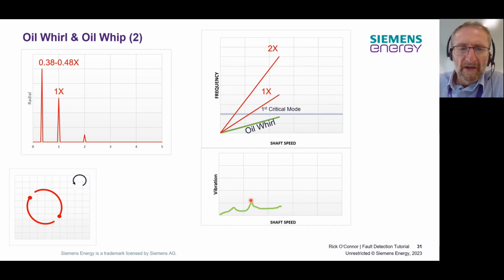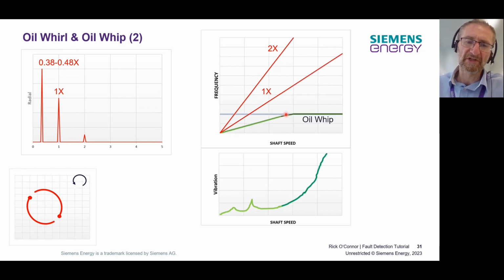Now, as we increase, what can happen is that the forcing frequency from the oil whirl corresponds with the frequency of the mode. In this instance, it won't continue up. It'll potentially lock on. So as you increase in speed, the frequency of the oil will not increase, it locks on.